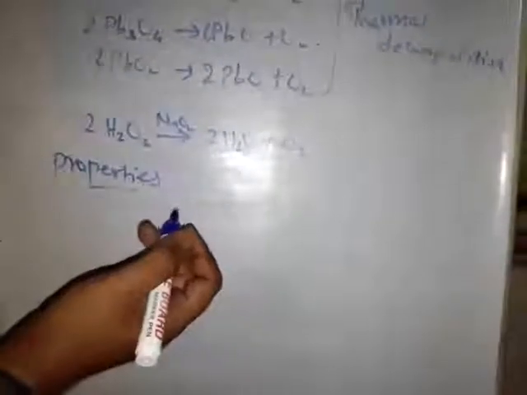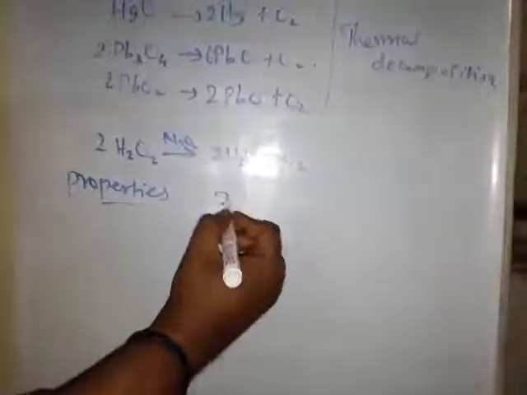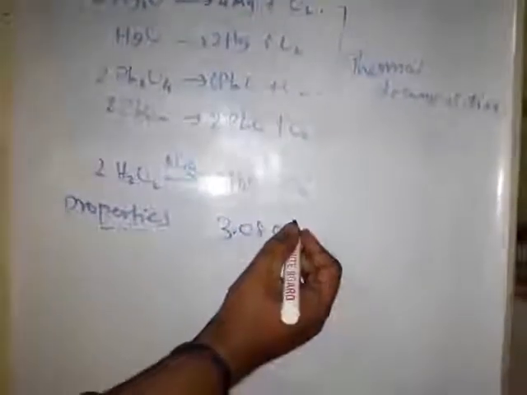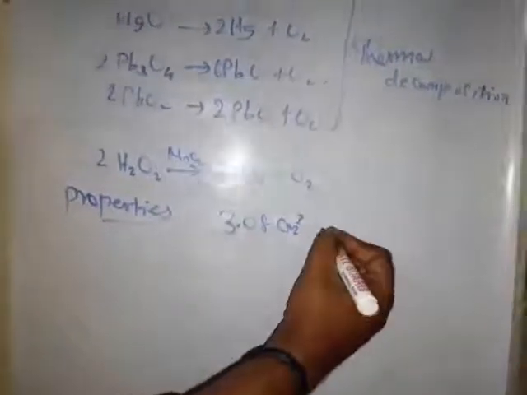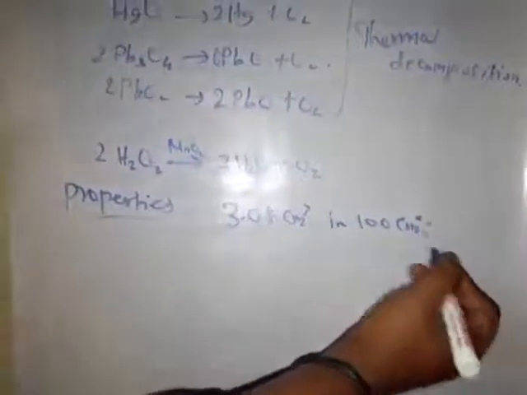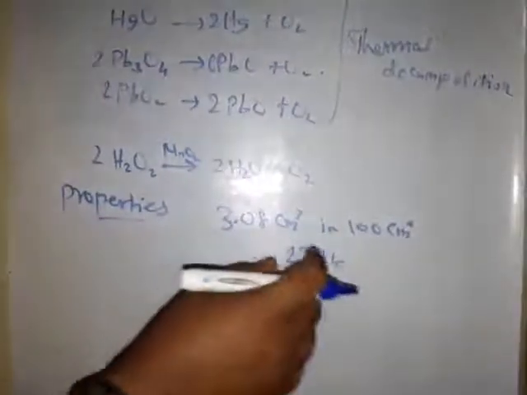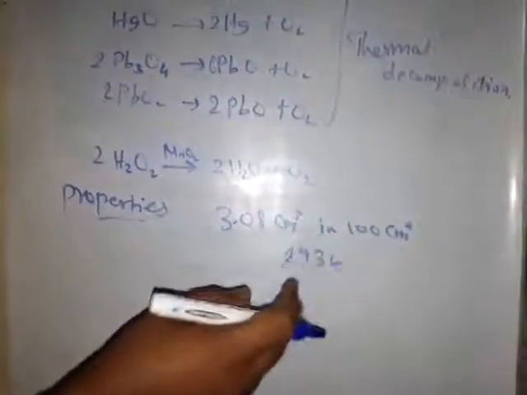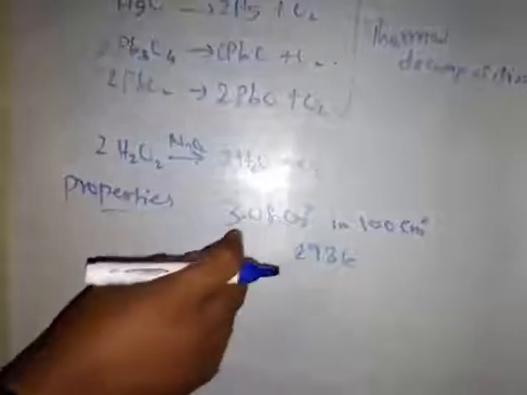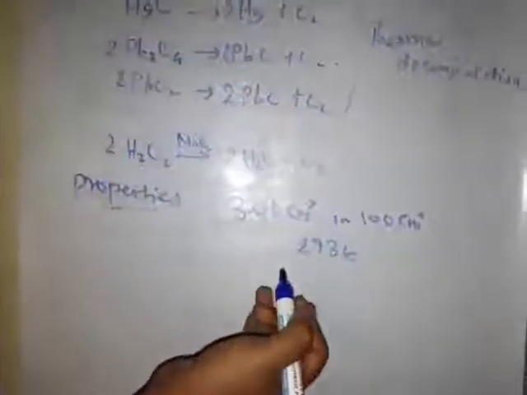At 293 Kelvin, 3.08 cm3 dissolves in 100 cm3 of water, which is just sufficient for the vital support of marine and aquatic life. It liquefies at 90 Kelvin and freezes at 55 Kelvin.